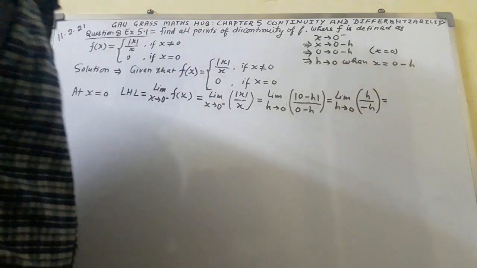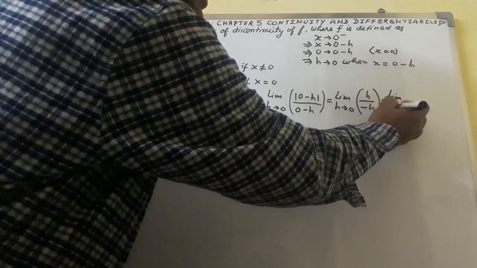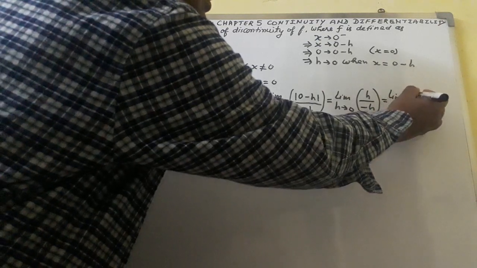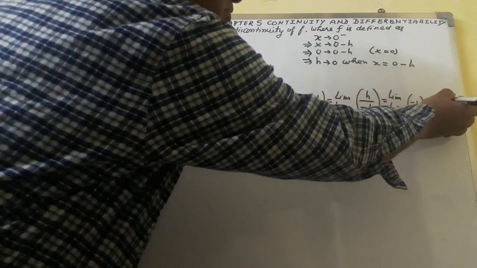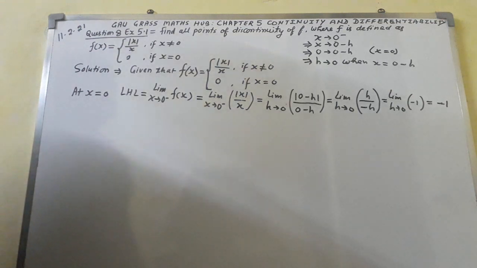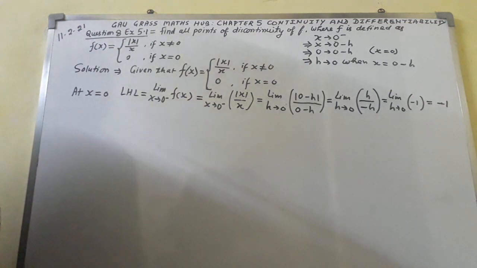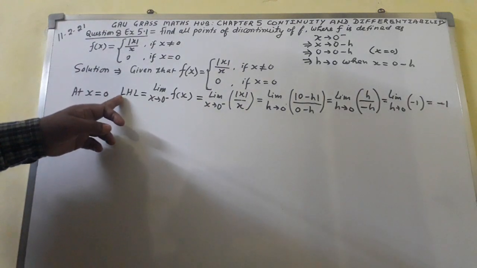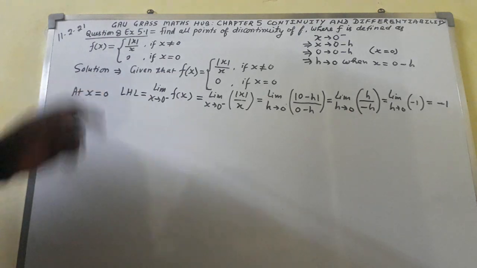We get the limit as h tends to 0 of minus 1, which comes out to be minus 1. The value of the left hand limit is equal to minus 1 at x equal to 0.